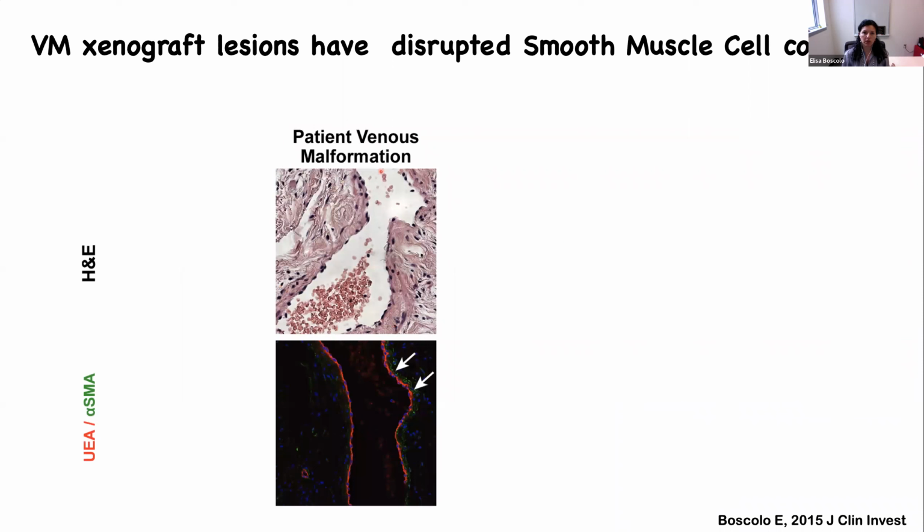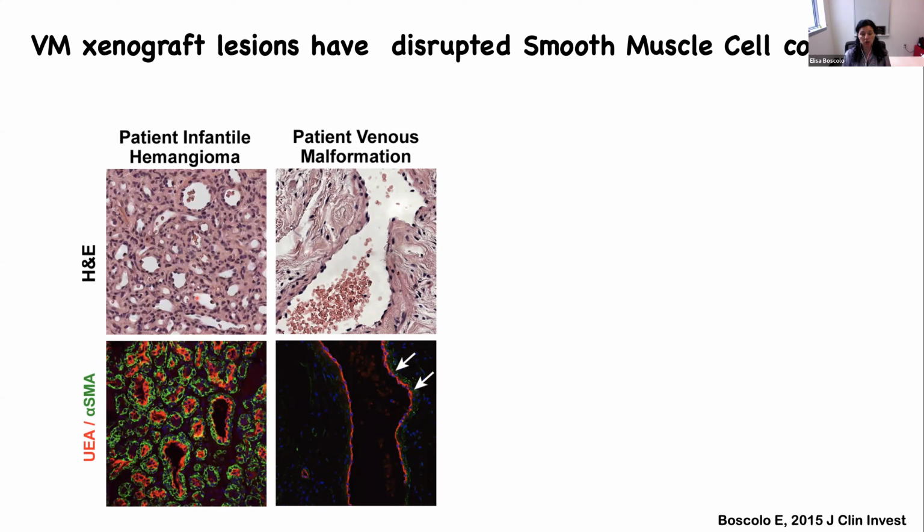Let's start from the histology of a patient sample. You can see this enlarged vascular channel that's stained for UEA, which is a marker for human endothelial cells. And you can see how the perivascular cells that stain for alpha SMA are not really that present in comparison to another vascular anomaly, such as infantile hemangioma.